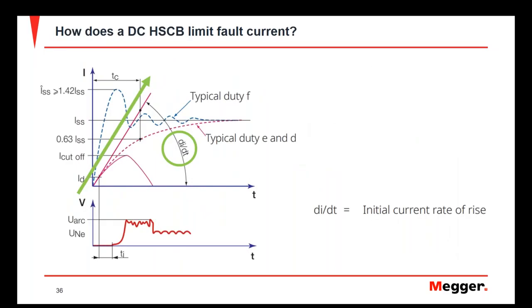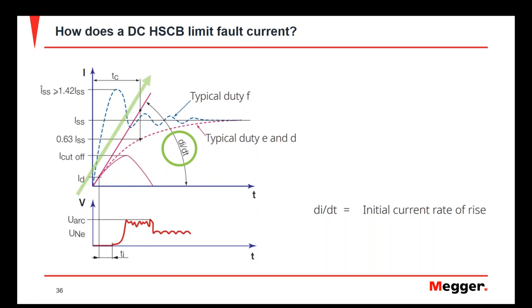So in our last slide, we talked about the fact that we want these high-speed DC circuit breakers to limit the amount of fault current that is produced whenever we have a fault. And how does that happen? Well, to understand how a high-speed circuit breaker limits fault current, we have to first understand what happens during an electrical fault.